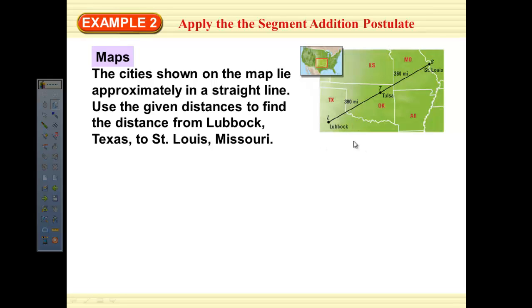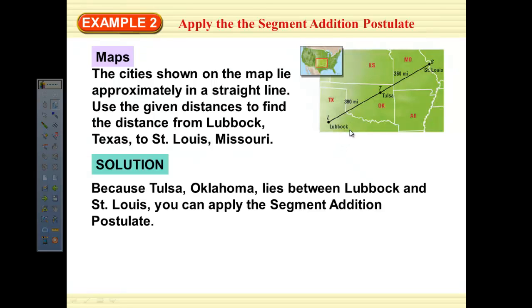We want to find the distance from Lubbock, Texas to St. Louis, Missouri. If you notice, from Lubbock, Texas to Tulsa, it's 380 miles. From Tulsa to St. Louis, it's 360 miles. So all we have to do here using the segment addition postulate is add up the distance from L to T plus the distance from T to S. That will give us the whole distance, which is LS.